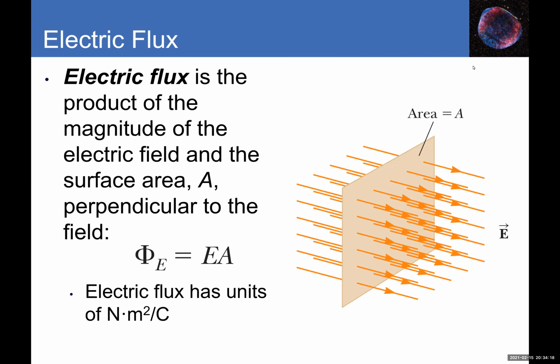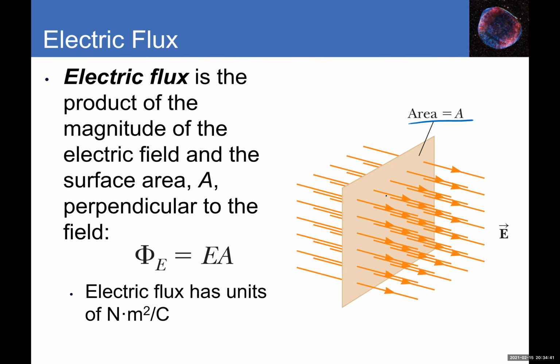And then if we look at the electric field lines going through some area of interest, let's say a square or rectangular area over there, one of the things we can look at here is how many of those field lines are going through that area of interest.